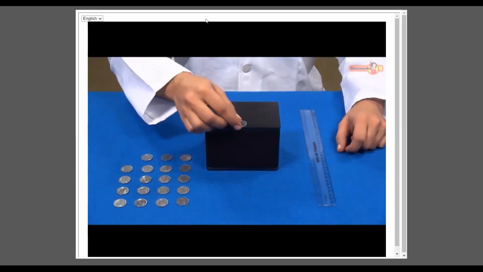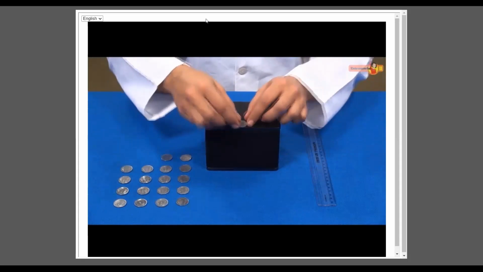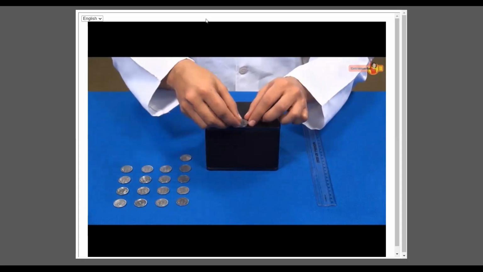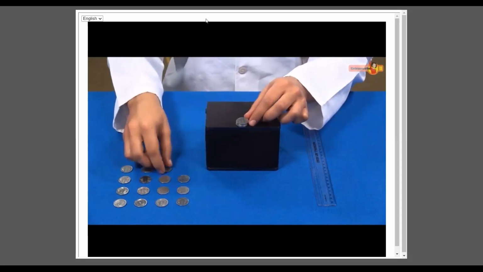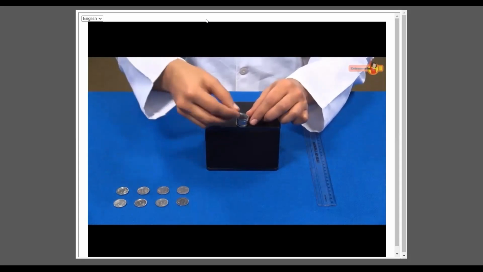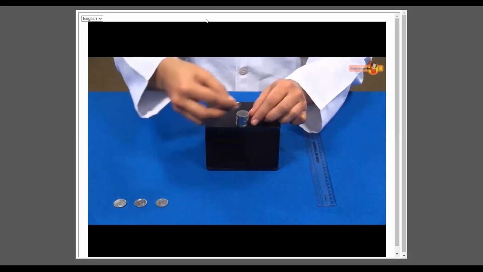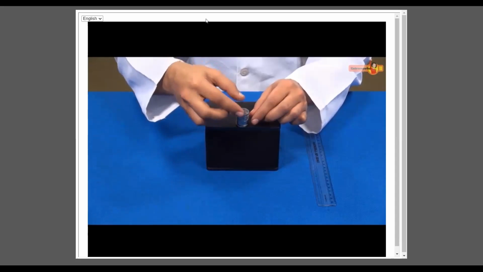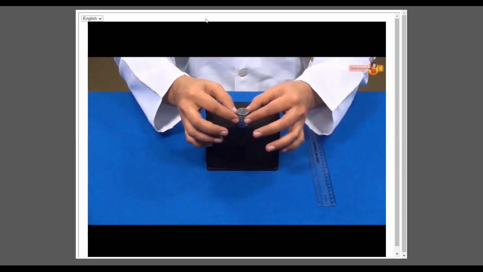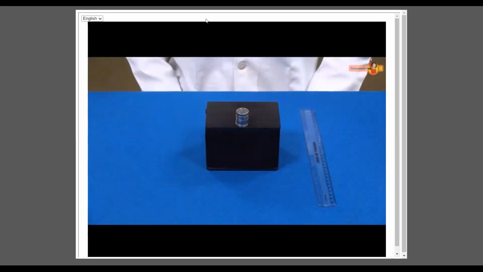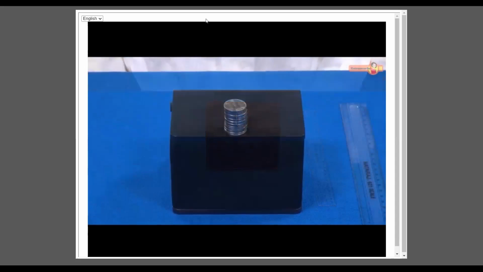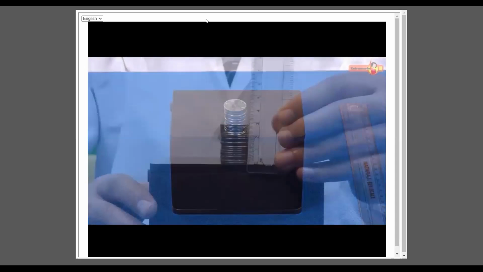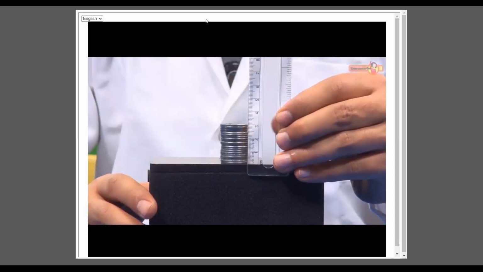Place the coins one above the other on the wooden base. Measure the combined thickness of the stack of 20 coins with the help of the measuring scale.